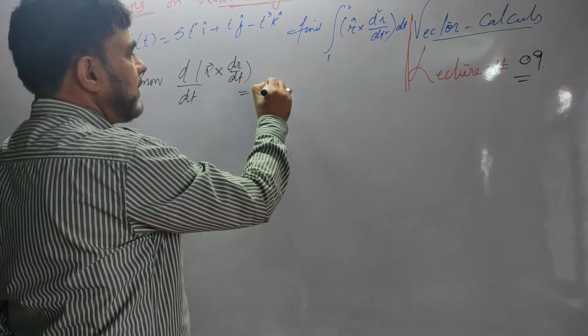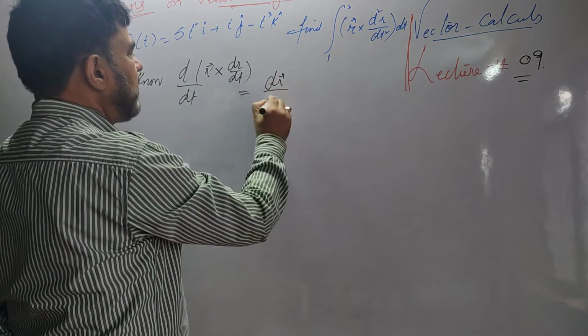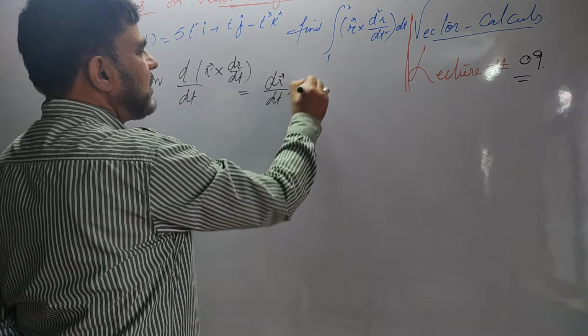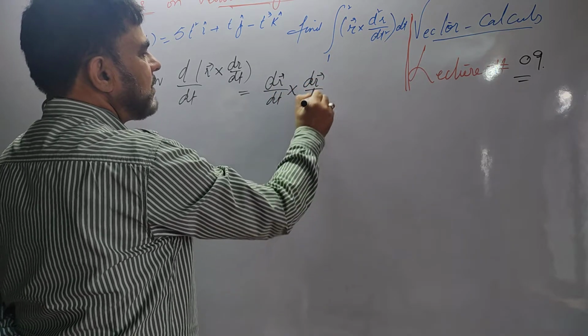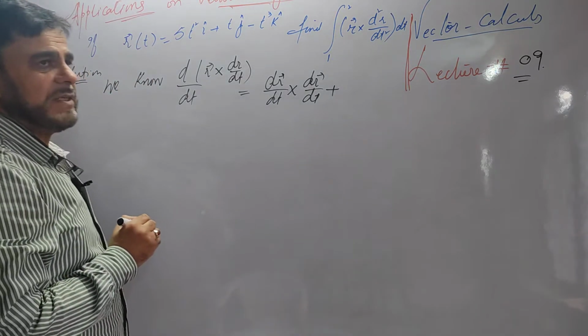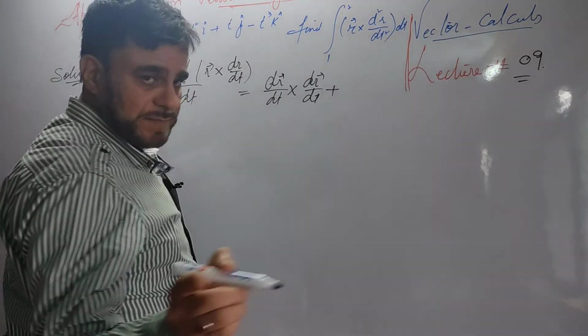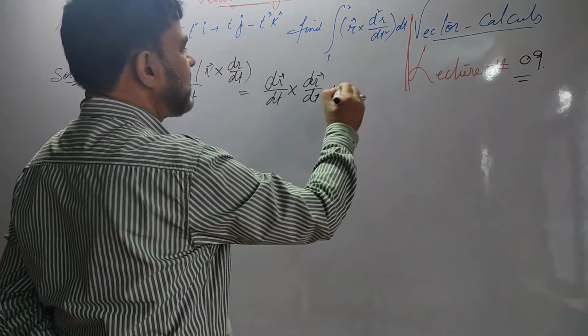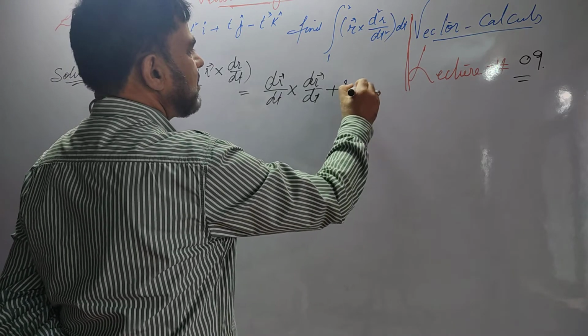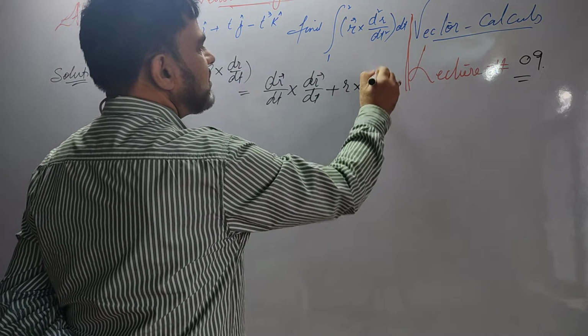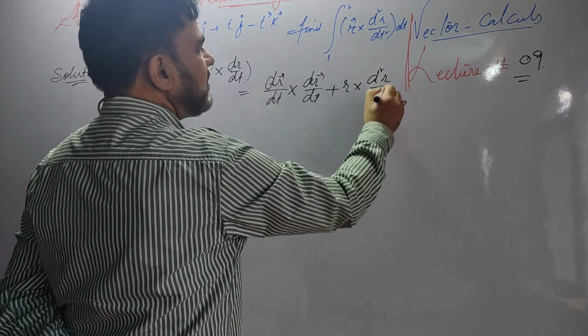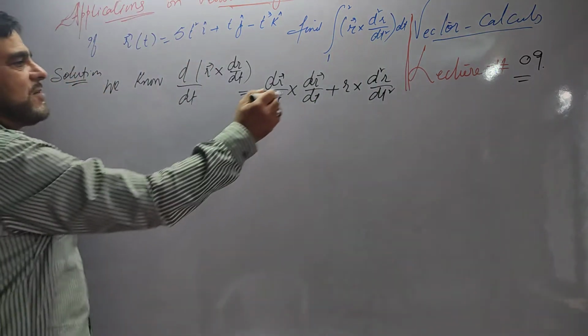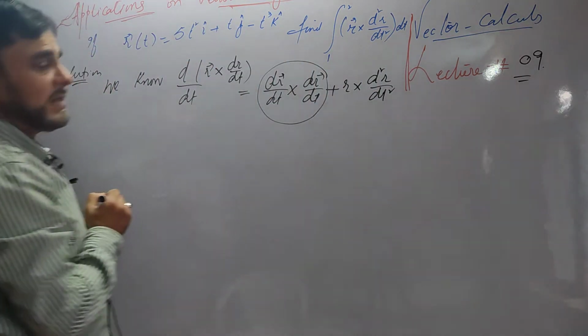It is dr by dt cross dr by dt, plus, using the product rule for the cross product, r as it is cross the derivative, d2r by dt square. Now the first term is 0, the cross product of a vector with itself.